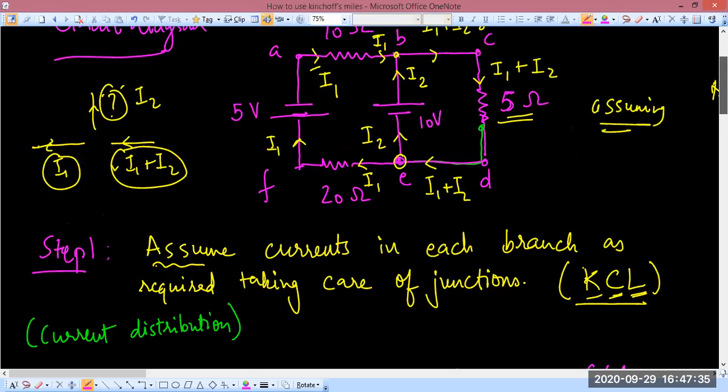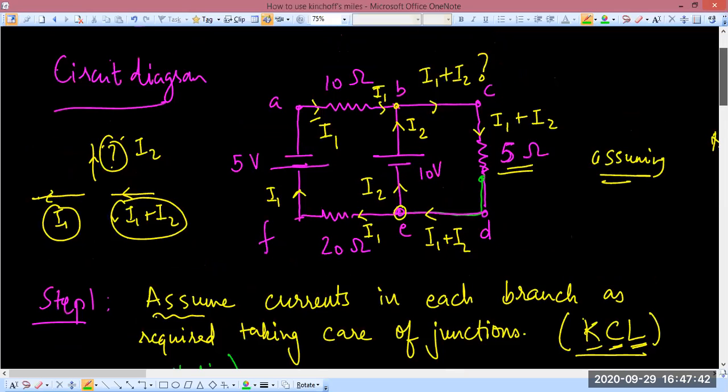So what do I mean? Here, that's why I have written so many letters. It will help. So first of all, we will choose the loop A, B, C. Okay, let's take a shorter one. A, B, E, F, A. So here I'm going to write it.